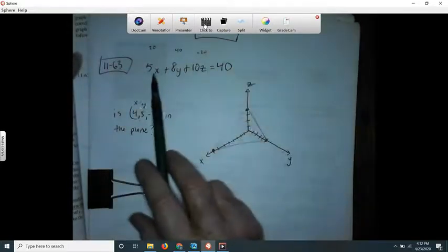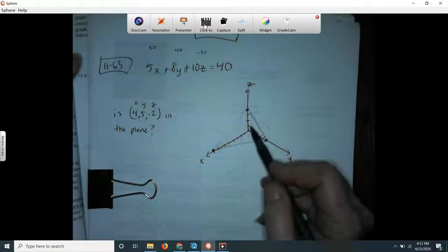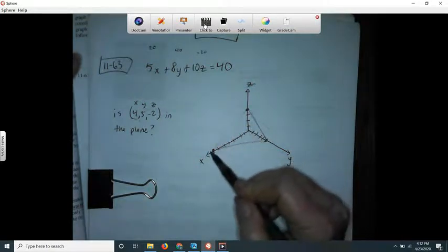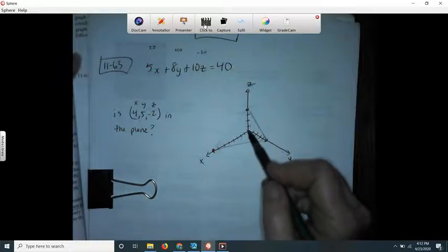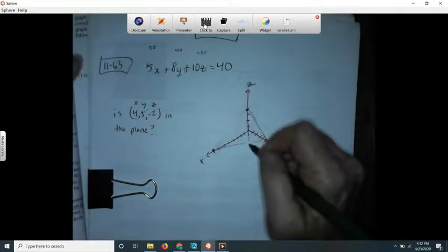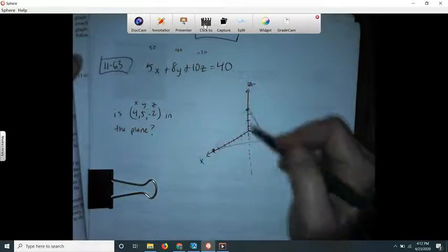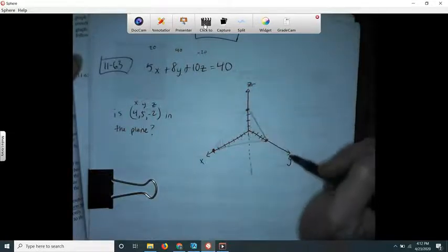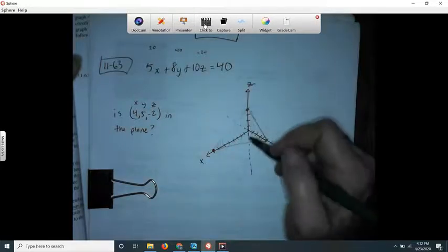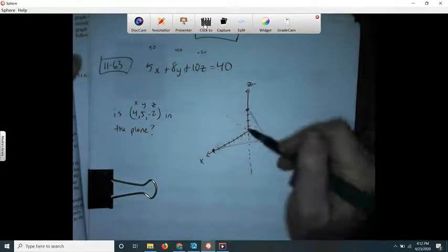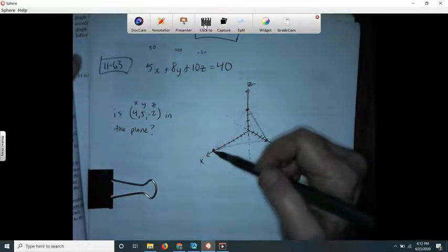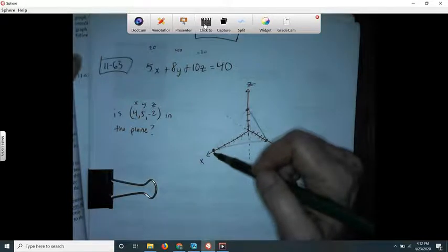If I want a point on the x-axis, z, the height, goes down here too, and y goes back out this way, those are negative values. z and y both have to be 0 for a point to be on the x-axis.